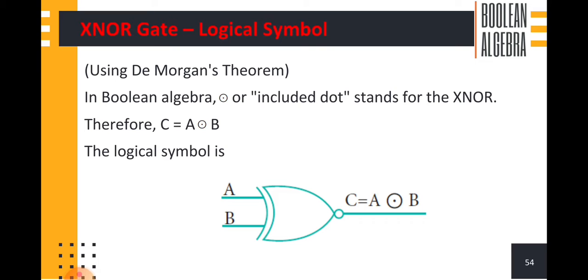What is the symbol for the XOR gate? Encircled plus. What is the symbol for the XNOR gate? Encircled dot, that is, within a circle you put one dot. So this symbol is used to denote the XNOR gate.